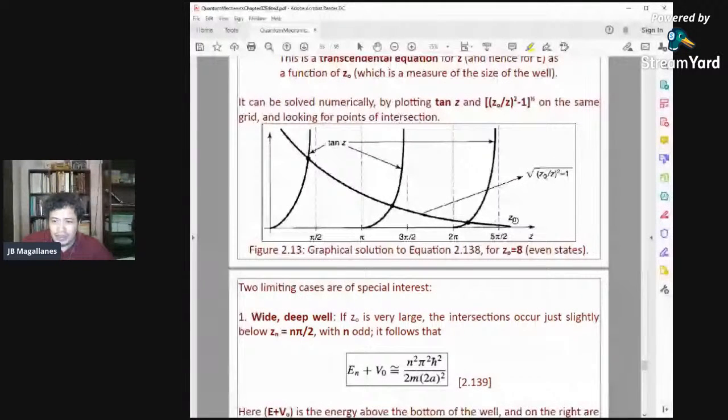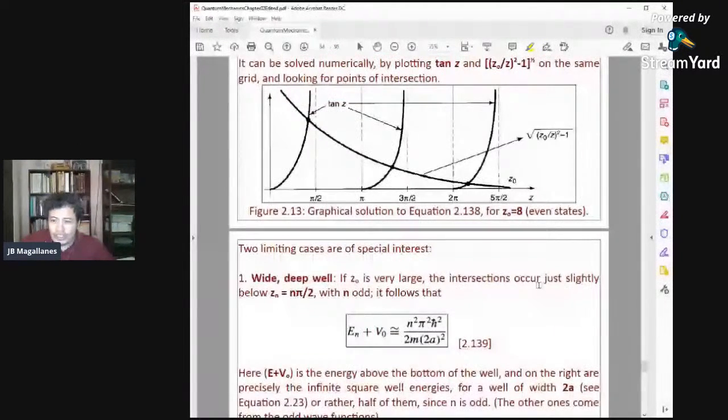So what happens here? The intersections just occur slightly below pi over 2 for this case.